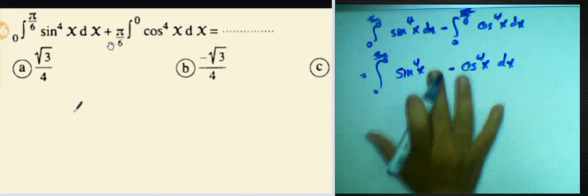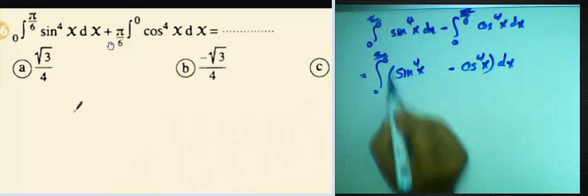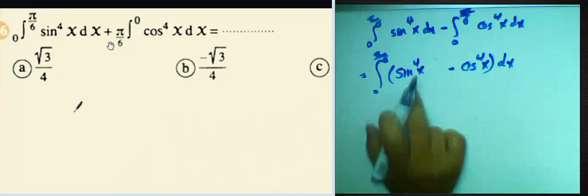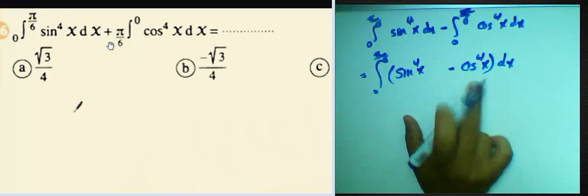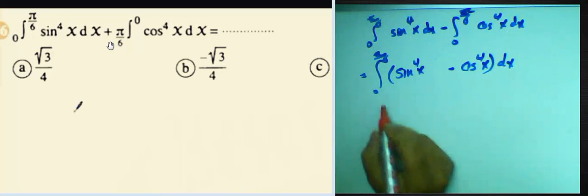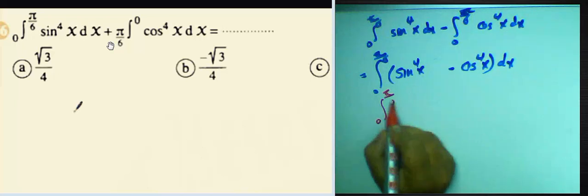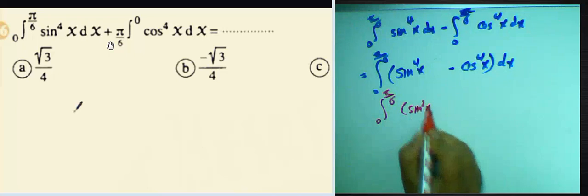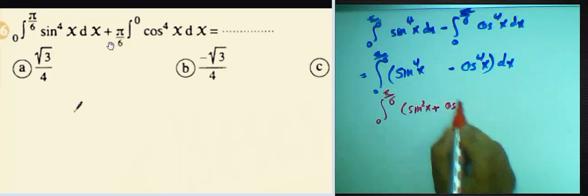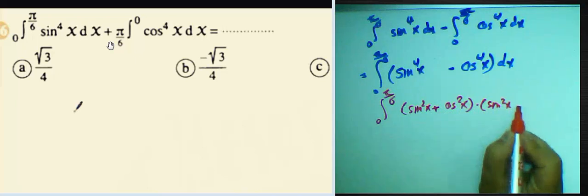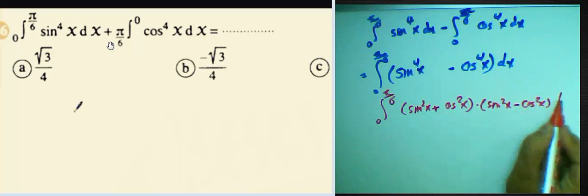Okay, I will write here negative. This function is the same step here, and we can factorize this example. I will factorize it as the difference between two squares. I will write 0 to pi over 6. It will be sine power 2x plus cosine power 2x, multiplied by sine power 2x subtract cosine power 2x dx.